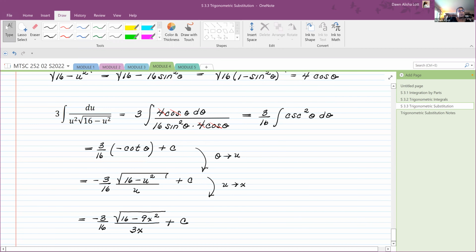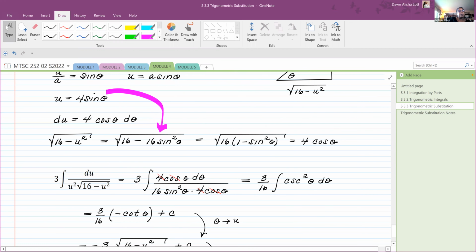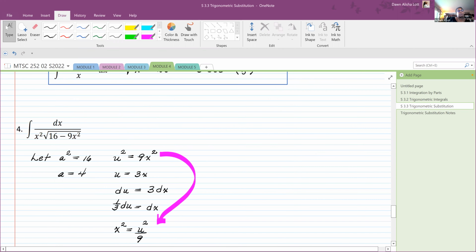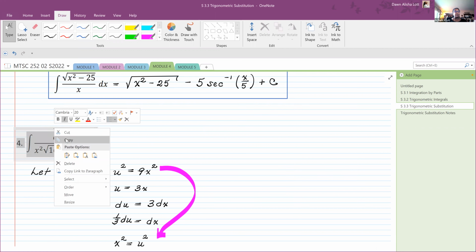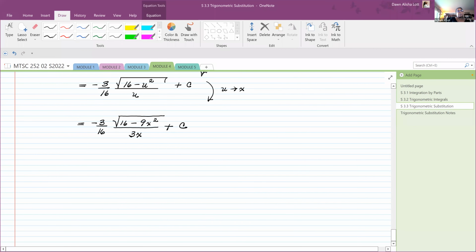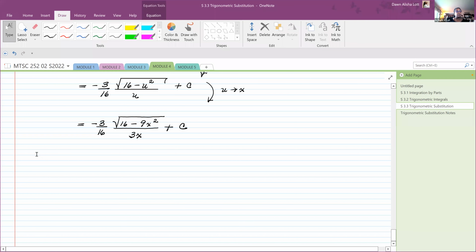I'm going to go back and grab my original problem. Here's the original. Wow, we were all the way back there. You kind of almost lose track. So there's the original.